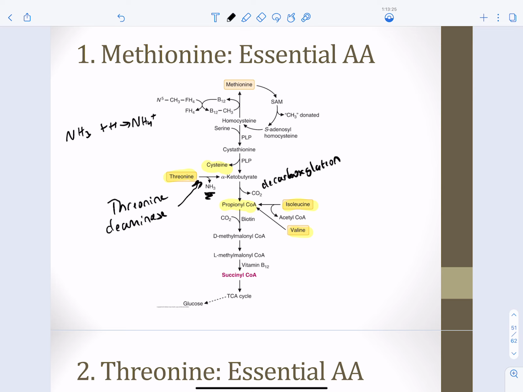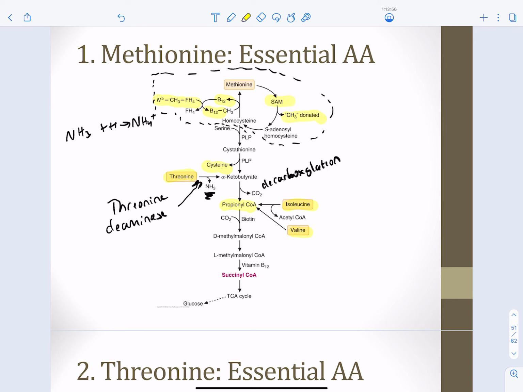And keep in mind this whole process up here. So let me box this area in up here. We'll talk about this more when we talk about our single carbon donors, but this up here in the dotted lines is very important because up here we have a tetrahydrofolate compound, we have vitamin B12, and we have SAM, which is donating that carbon.